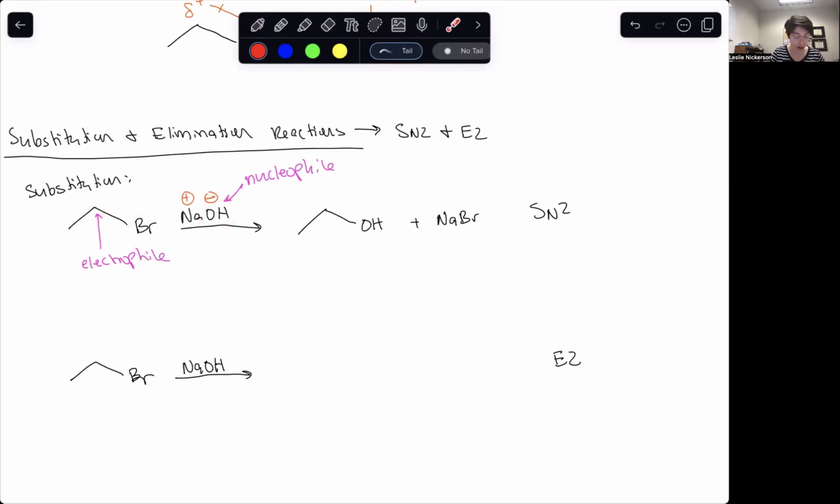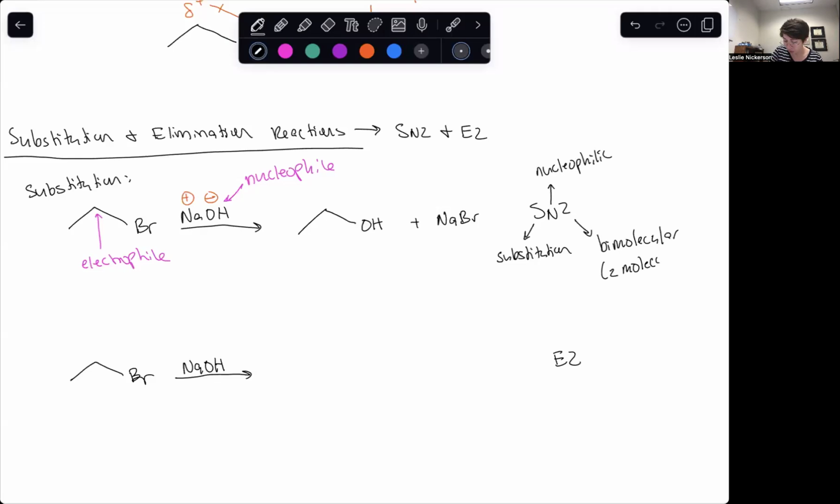They are very, very common reactions. So this one in particular is named SN2. Okay, so the S stands for substitution. The N stands for nucleophilic. And then the 2 stands for bimolecular. And the bimolecular part, the only thing that that's really saying is that we have 2 molecules interacting in our rate determining step.